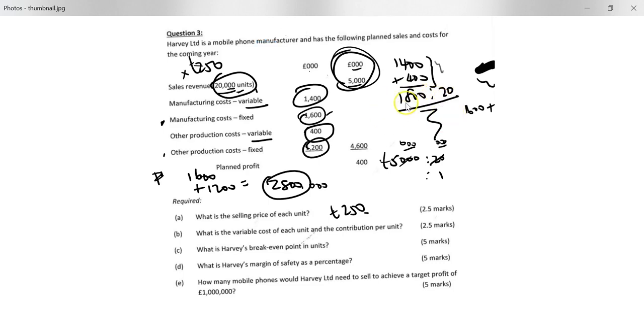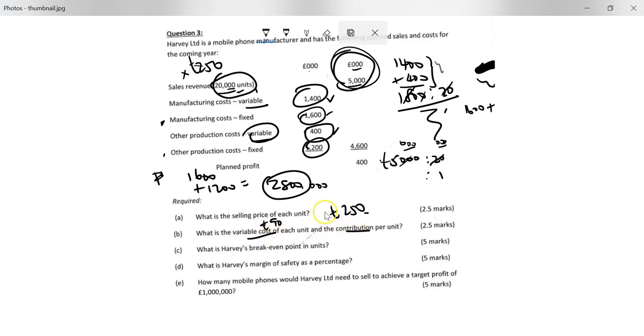This is a video, so you can pause this. This plus this is the total variable cost for 20,000 units. So the question is asking, if this is 1.8 million for 20,000 units, what is it for one unit? Again, divide this, 2 into 18 is 9, and so you have 90. So the variable cost is 90.